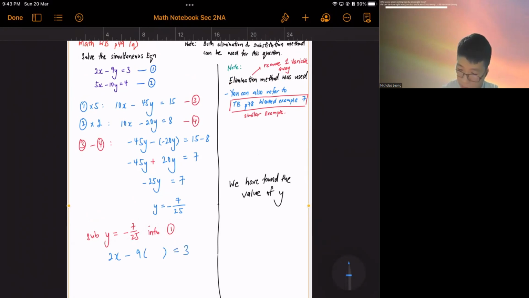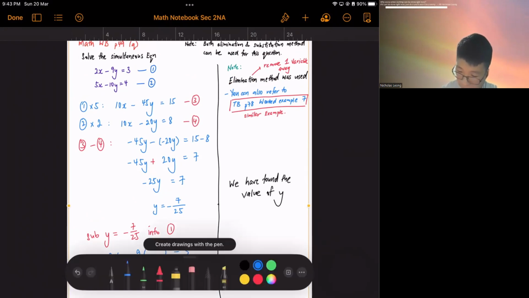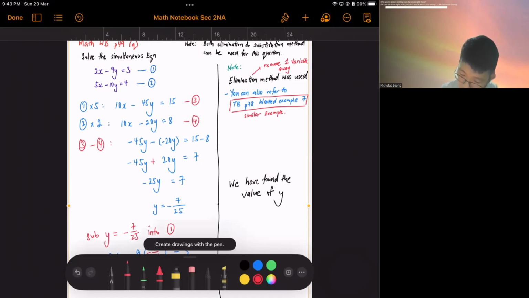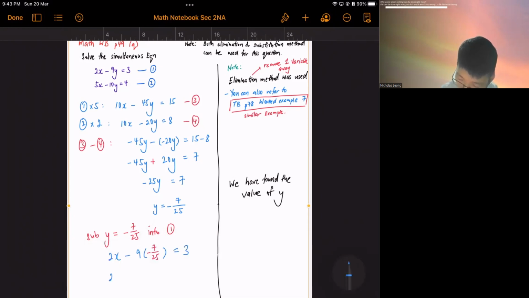Since y equals negative 7 over 25, I will put it inside the bracket and find the value of x. So 2x, minus 9 times minus 7 over 25, gives you plus 63 over 25 equals 3.